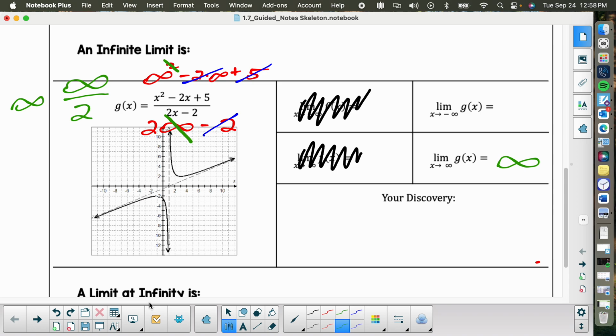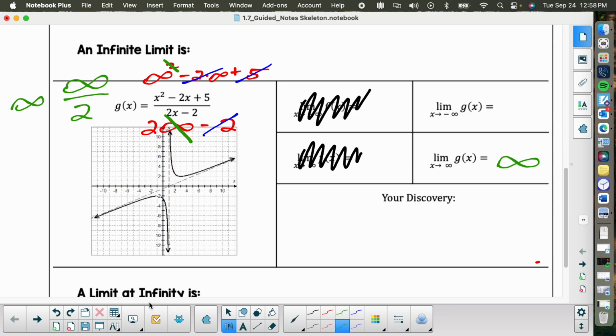What are the possible answers that we can have when we try to say limit at infinity? There are 3 possible answers. Limit at infinity means we are trying to say, what's the answer all the way to the right? Infinity goes up. Negative infinity goes down, so that's the second possible answer.